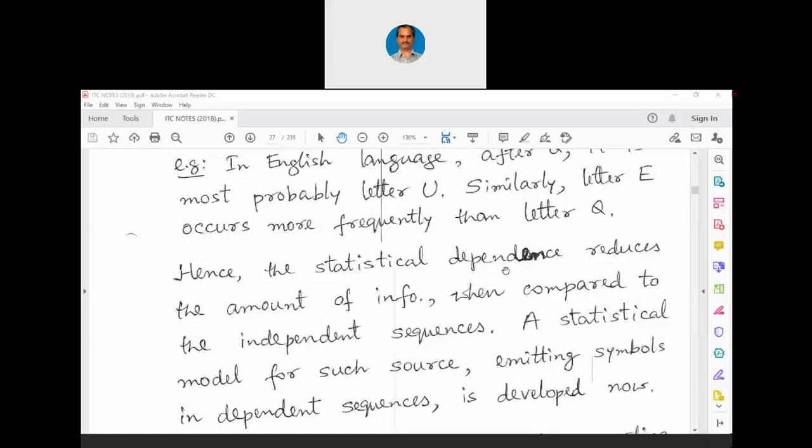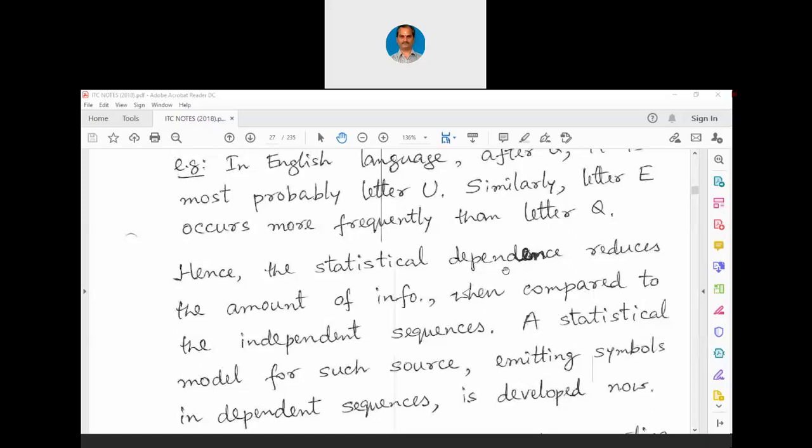Let us say probability of u is 0.2, let us say probability of q is 0.1. Now if you have to consider both q and u, it will become 0.1 into 0.2, that is 0.02. This is called the joint probability.